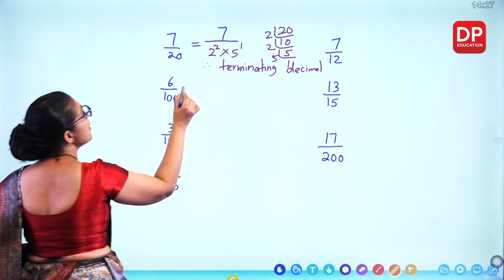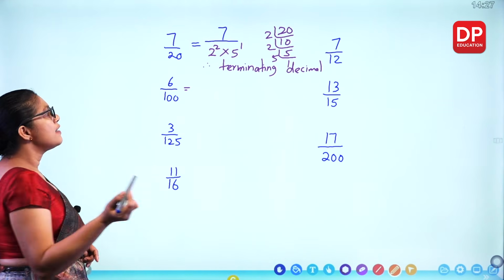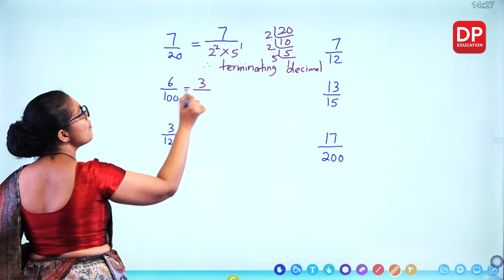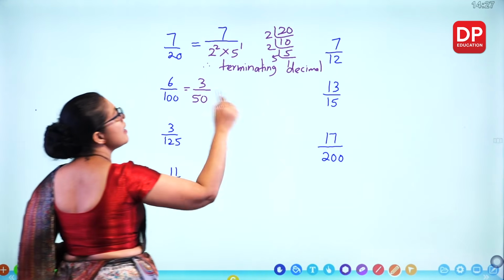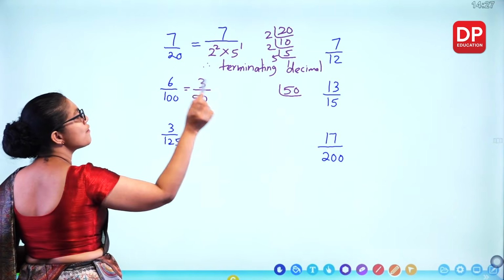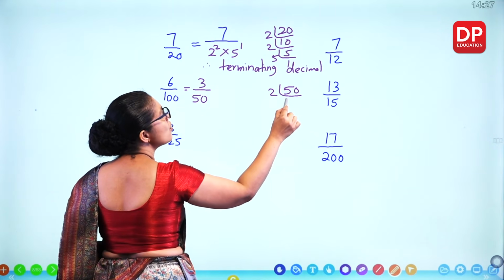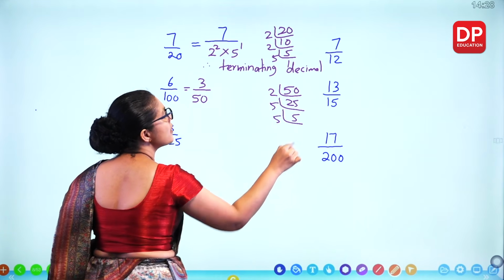Now we'll take this one. 6 over 100. First you can simplify. Divide by 2, you get 3 over 50. Now try 50 and see whether you can write in that form. Divide by 2, you get 25, 5, 5 and you get 1.